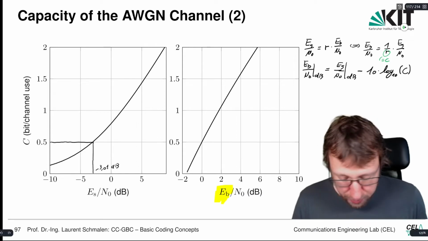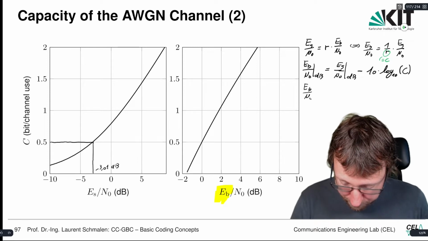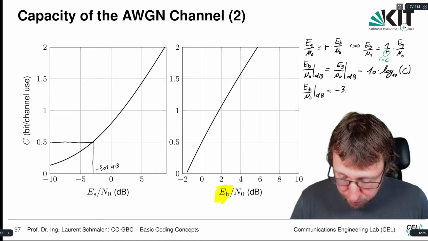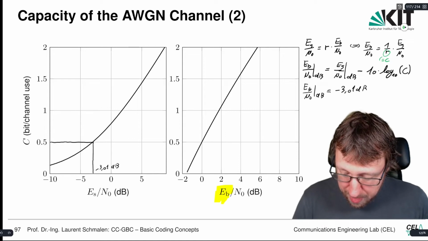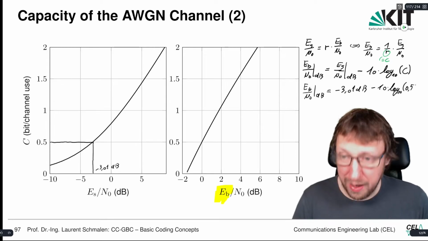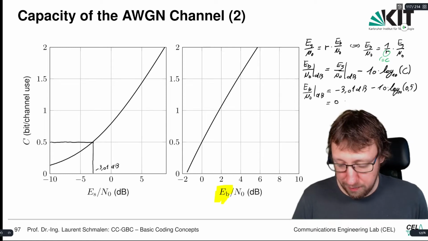So we can do this for our example. EB over N0 in dB is minus 3.01 dB minus 10 times log 10 of 0.5, and this is equal to 0 dB.